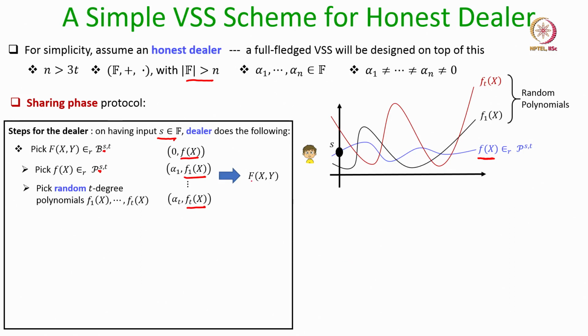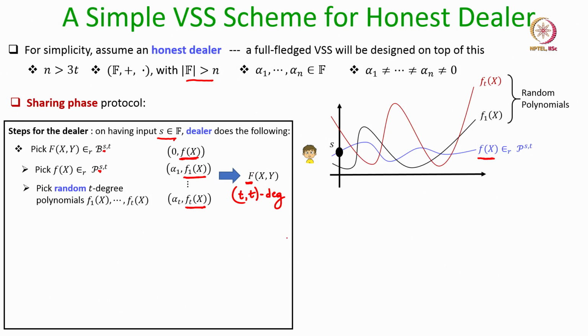Namely, it can interpolate a t degree bivariate polynomial whose first row polynomial will be f_1(x), second row polynomial will be f_2(x), and the tth row polynomial will be f_t(x), and which when evaluated at y equal to 0 would have given this f(x) polynomial. It is easy to see that this f(x, y) is a t degree bivariate polynomial. It can also be proved that this bivariate polynomial is a randomly chosen bivariate polynomial whose constant term is S.